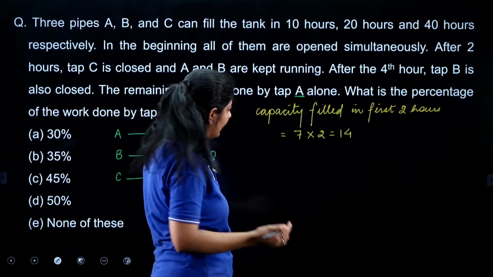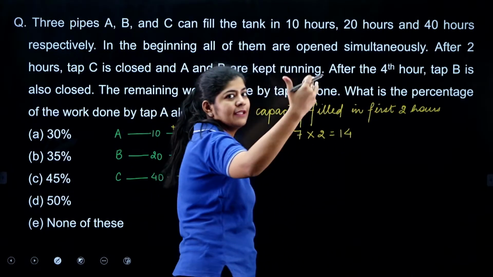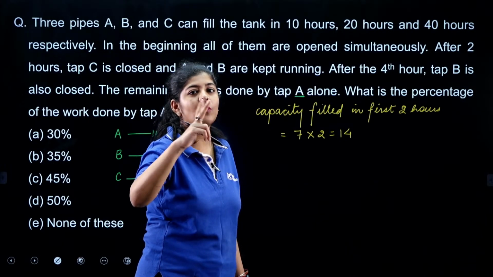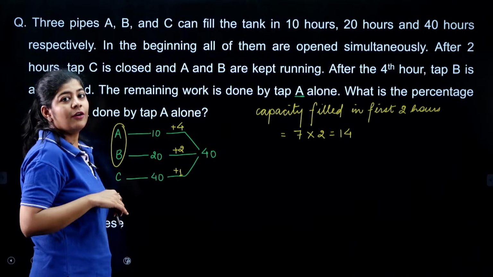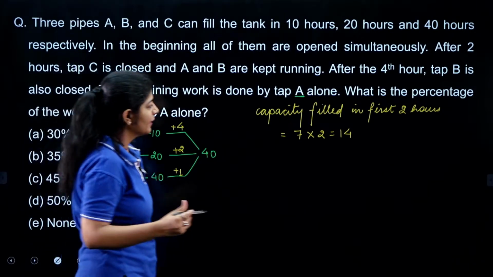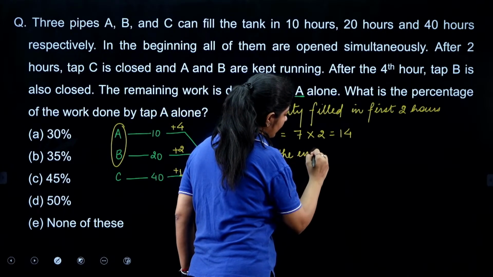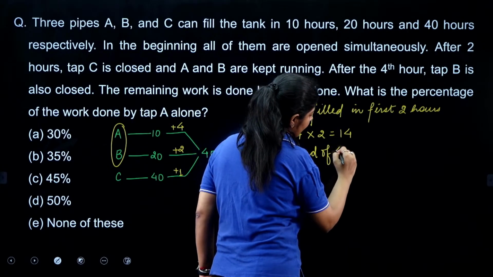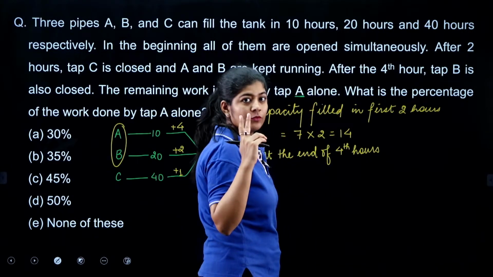Now the question is saying that after the second hour the pipe C is closed. Now only 2 pipes are working. Which ones? A and B. Now after the 4th hour, that means till the 4th hour both are working, so at the end of the 4th hour, we are talking about 2 more hours.